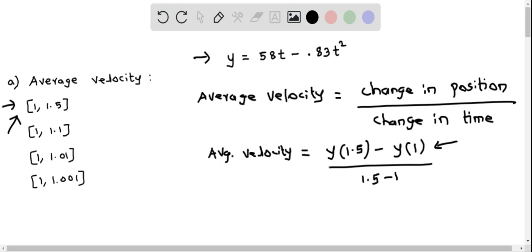So the numerator will give the change in position or the change in height, divided by the denominator will give change in time. So let's evaluate this.